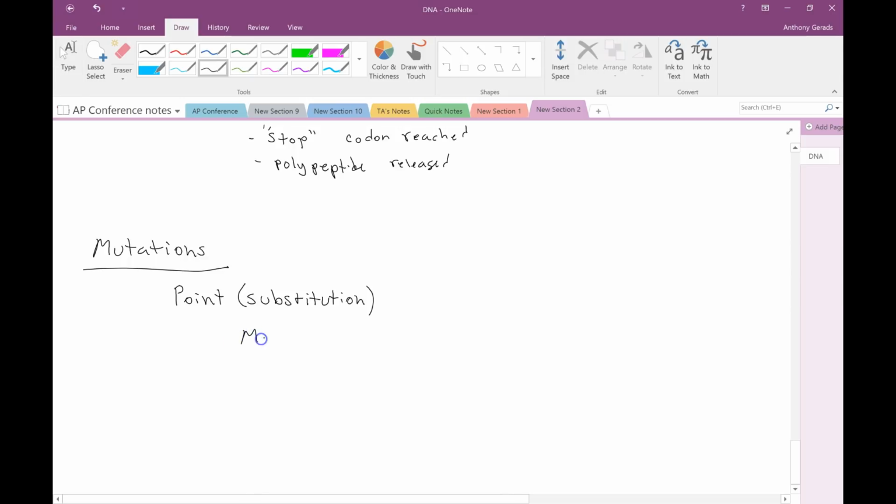The first one is called a missense. In a missense mutation, anyone remember what happens there? That's a silent, sorry, that's a nonsense. There's one more. A missense changes the amino acid. It gives the wrong amino acid, so it codes for the wrong amino acid.